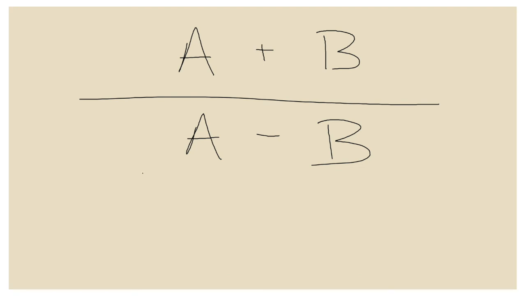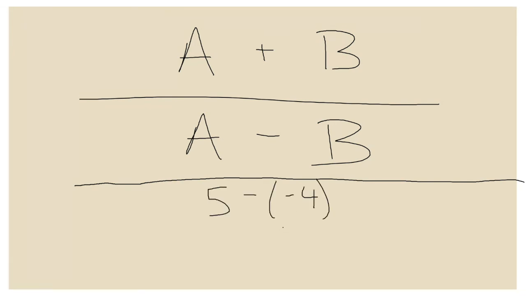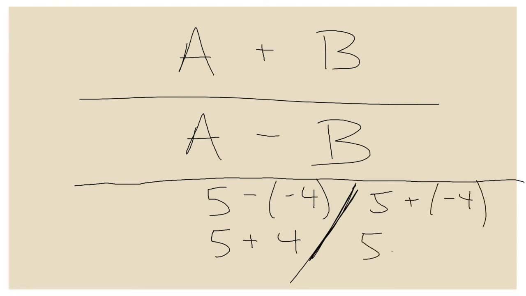But what I hope everybody is with me on is that when you have something like 5 minus negative 4, that's the same thing as 5 plus 4. And additionally, 5 plus negative 4 is the same thing as 5 minus 4.